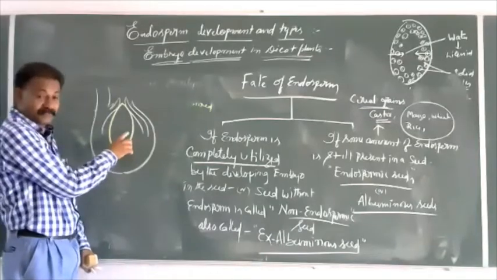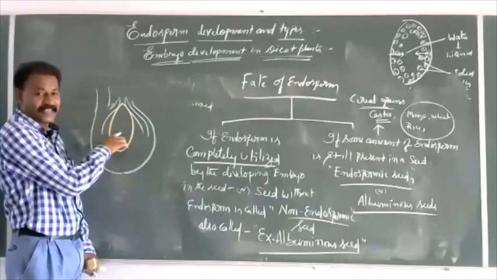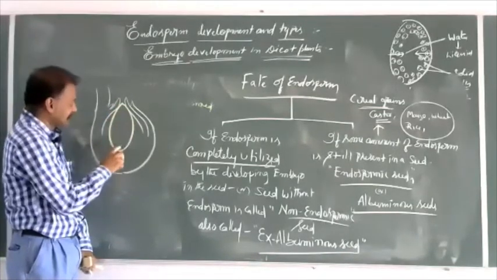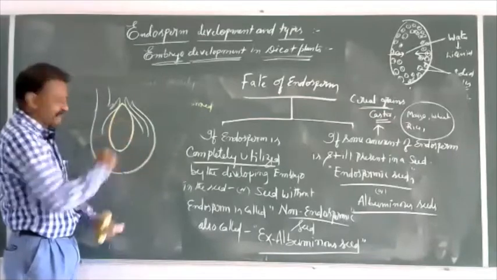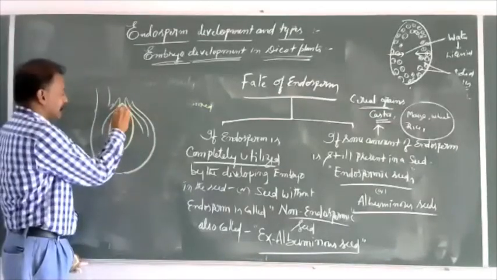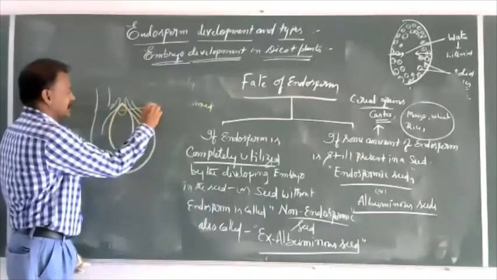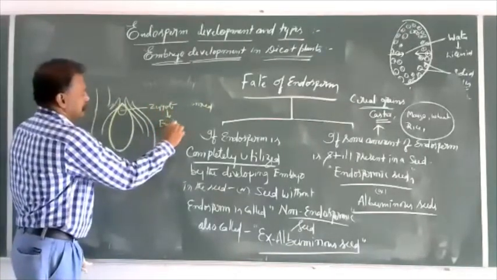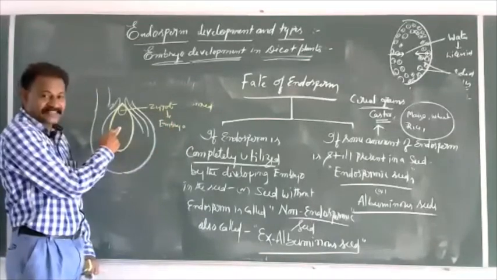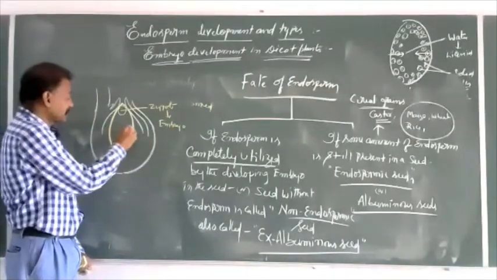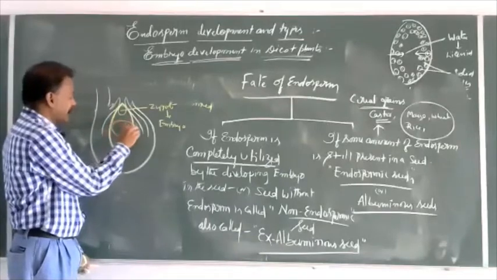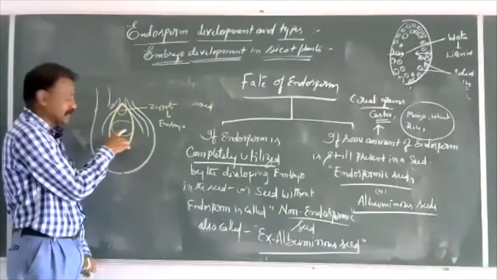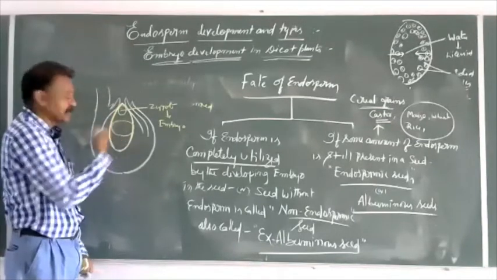Earlier it was called the embryo sac or female gametophyte, which is having egg cell, synergids, egg apparatus, central cell, antipodals here. After fertilization, the egg develops into zygote and gradually into embryo. In the same way, the central cell after fertilization becomes the primary endosperm nucleus, primary endosperm cell, and gradually it becomes endosperm tissue.